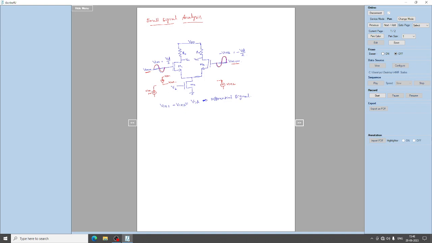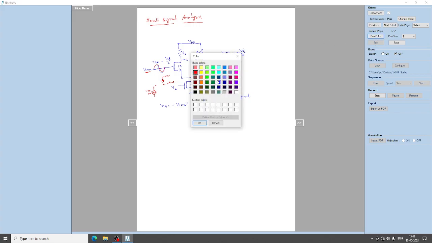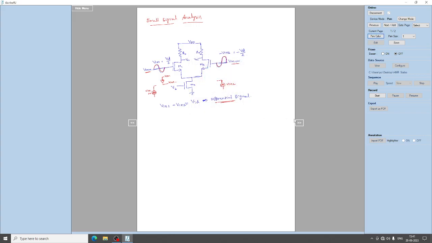So that is input common mode. On that we are giving the differential signal which is VID by 2, that is the AC signal over here, right. On the common mode DC input, we are giving the small signal AC signal on the DC reference, the common mode input we have decided, right.